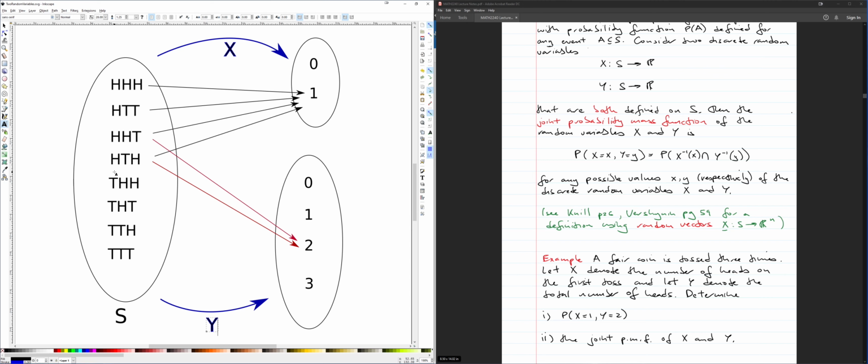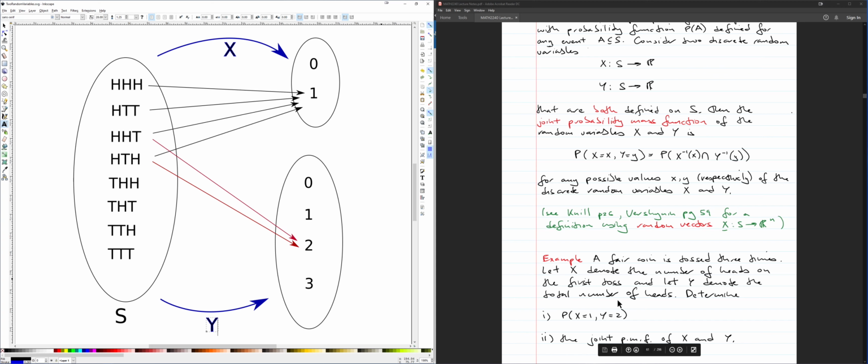Likewise, for this one, head, tail, head, the value of the random variable is also 2. For this one, where you have 3 tails, the value of the random variable y is in fact 0, because the number of heads in this outcome is 0.